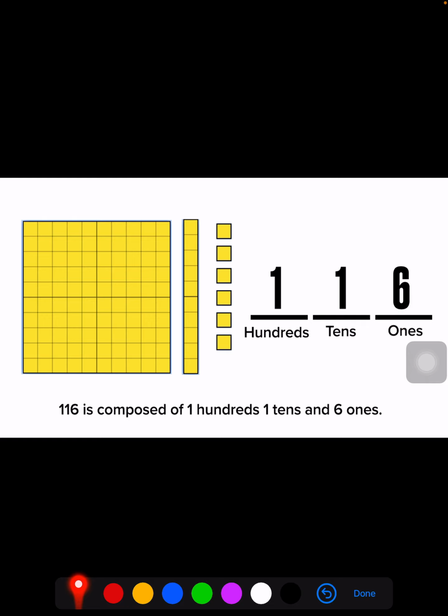What number does this make? We composed this amount into a standard form number, and it makes the number, that's right, 116. Now 116 is composed of 1 hundred, 1 ten, and 6 ones. Great job composing numbers.